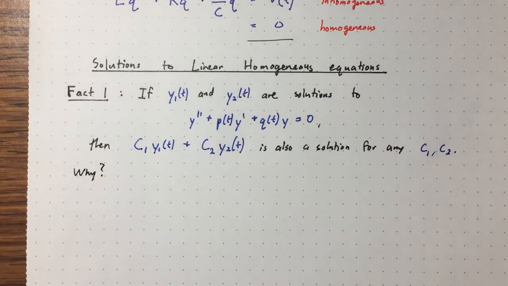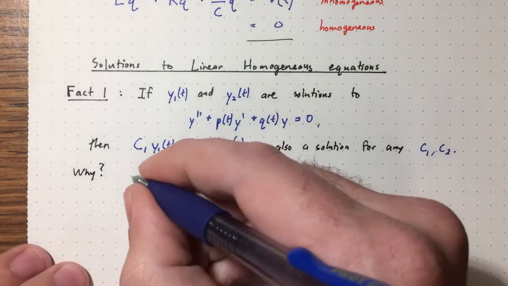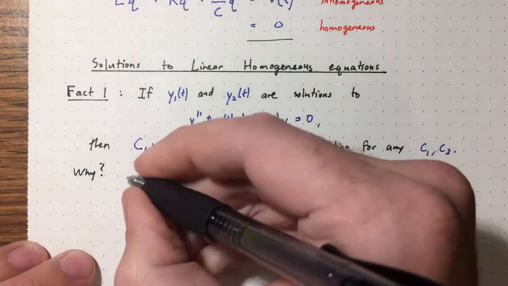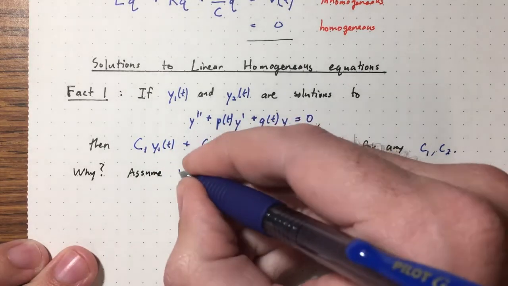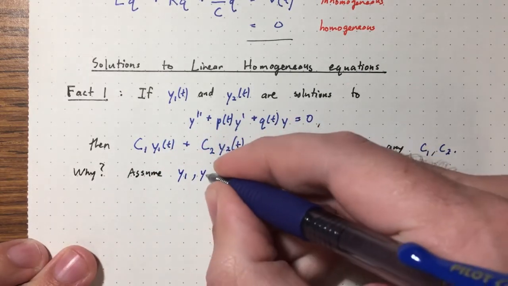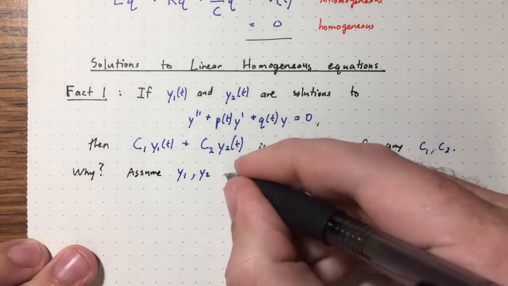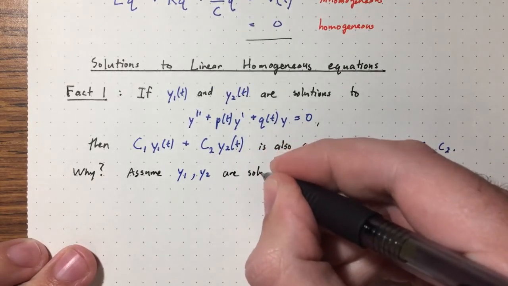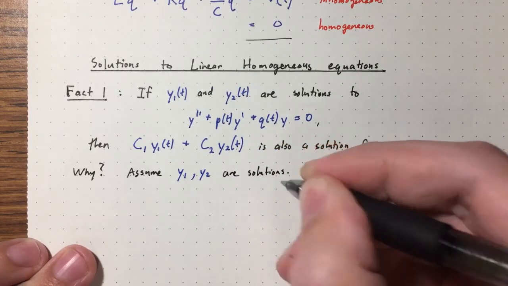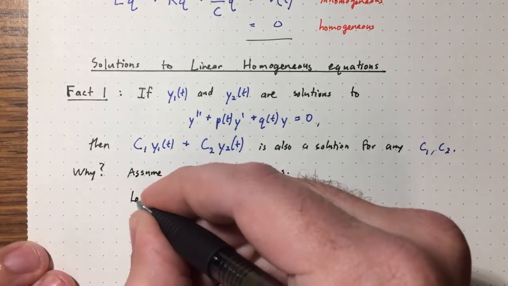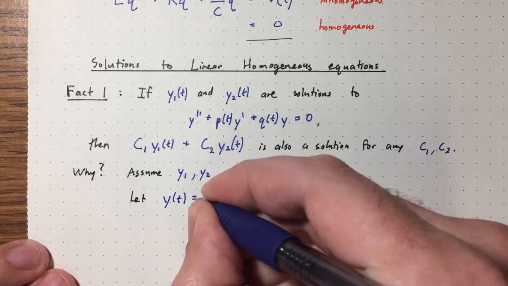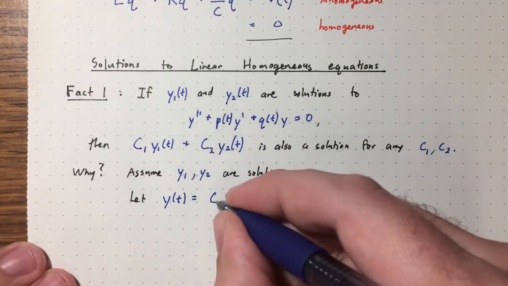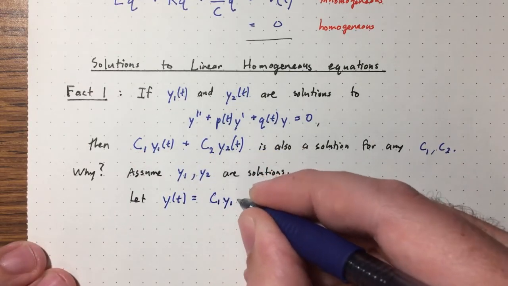Let's assume that we have y1 and y2, and these are solutions. Then we're going to let y of t be this thing, and we'll pick two constants, C1 and C2.